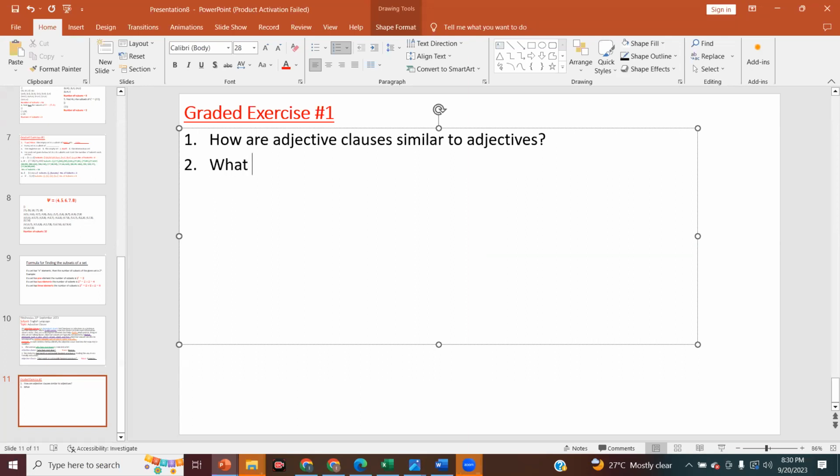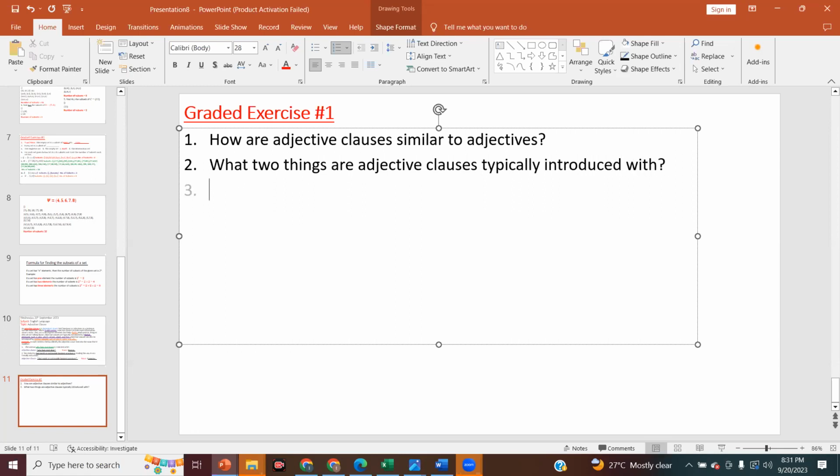What 2 things are adjective clauses typically introduced with?